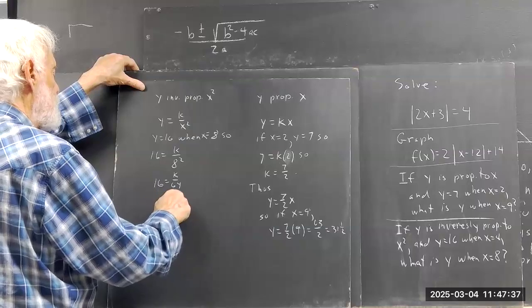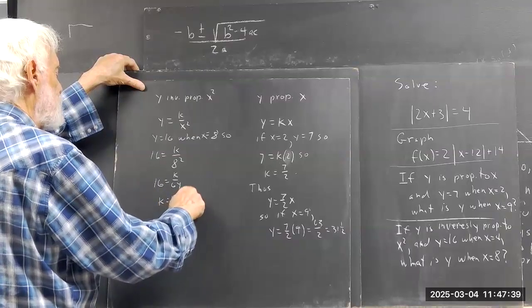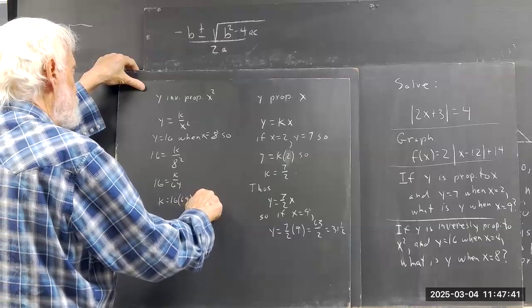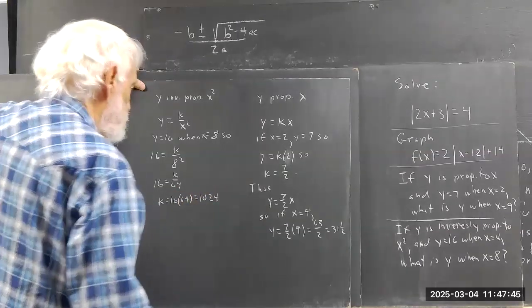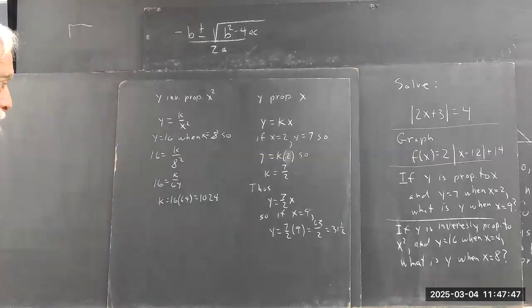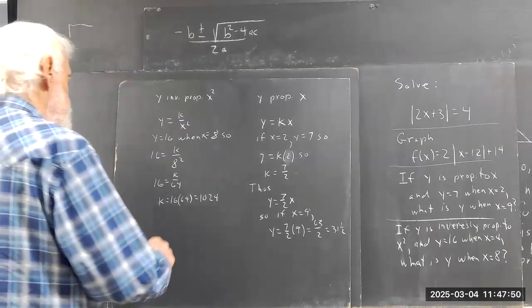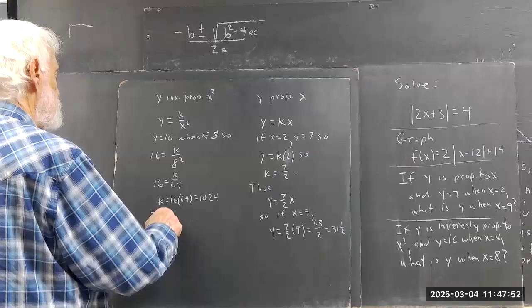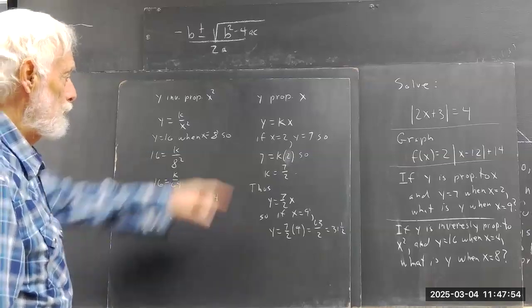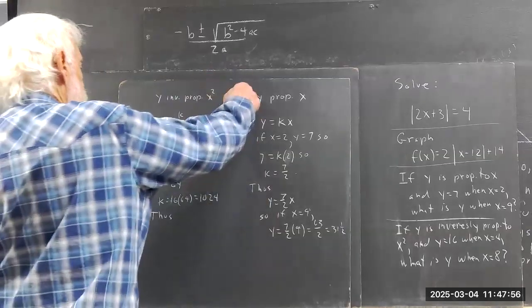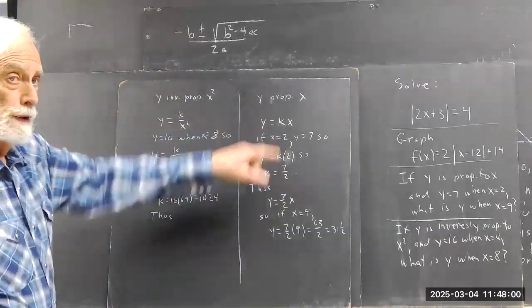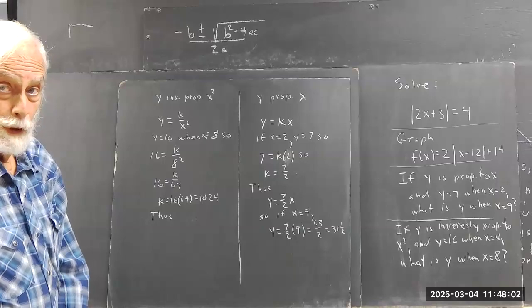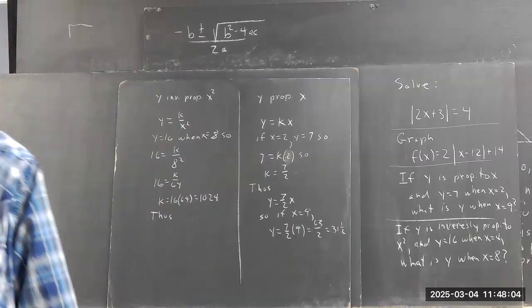So k equals 16 times 64, which is 1,024. The logic is always the same. You just have to recognize what the proportionality equation is. Okay? And got a question.